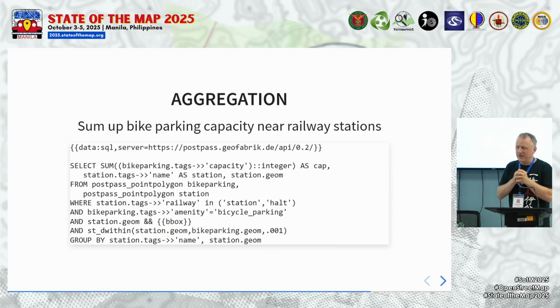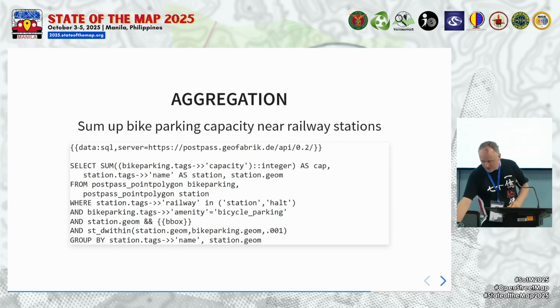This is a complicated query, I'll go through the details. So this will sum up how many bike parking slots there are within a certain distance of a station. And then we'll return the railway station and the number of bike parkings in the vicinity.